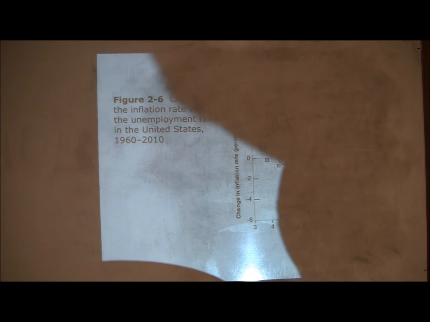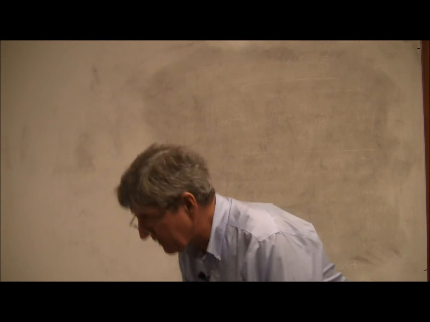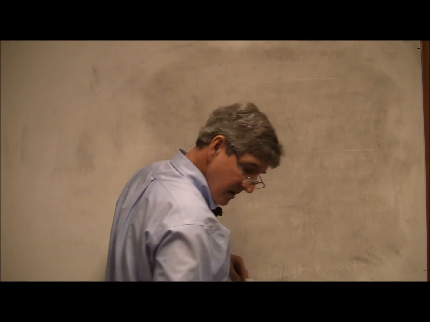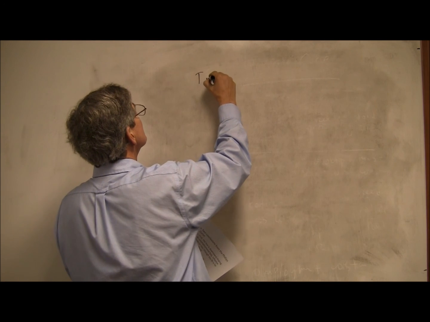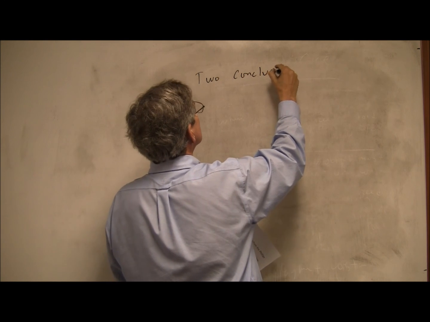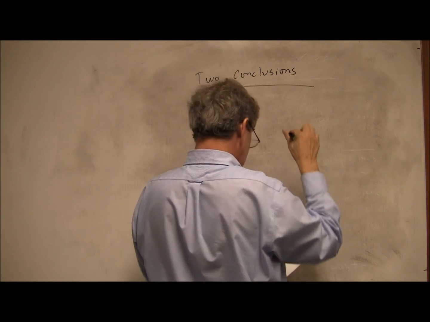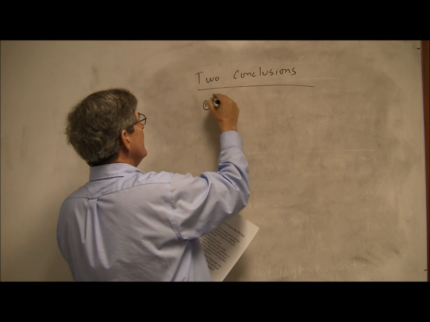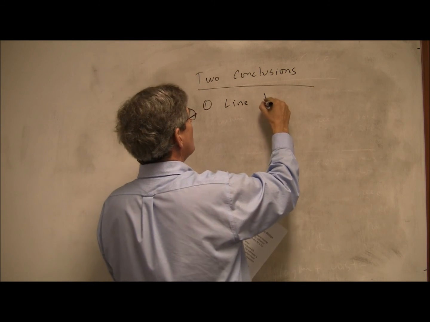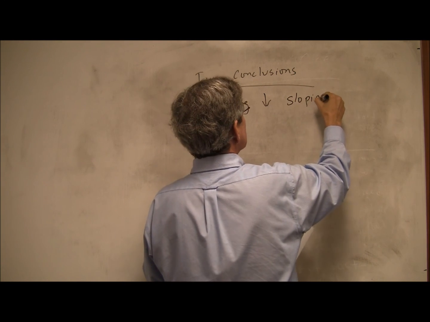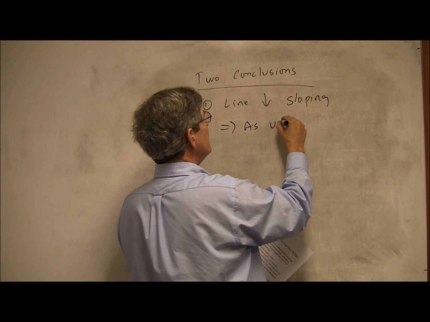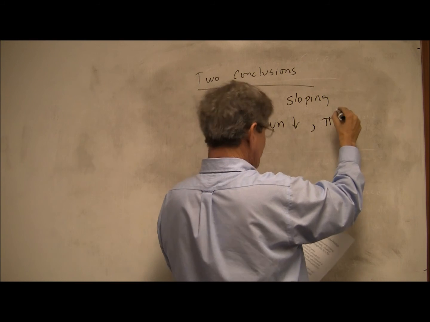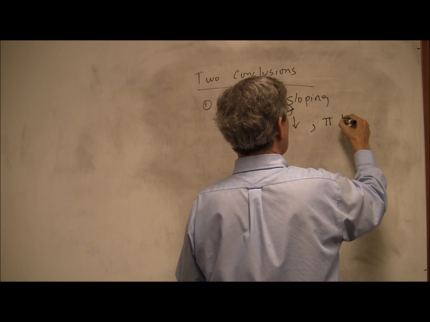So let's just make some notes here quickly. There's two conclusions from the Phillips curve. One, the line is downward sloping. So what that tells us is as unemployment falls, inflation tends to rise.